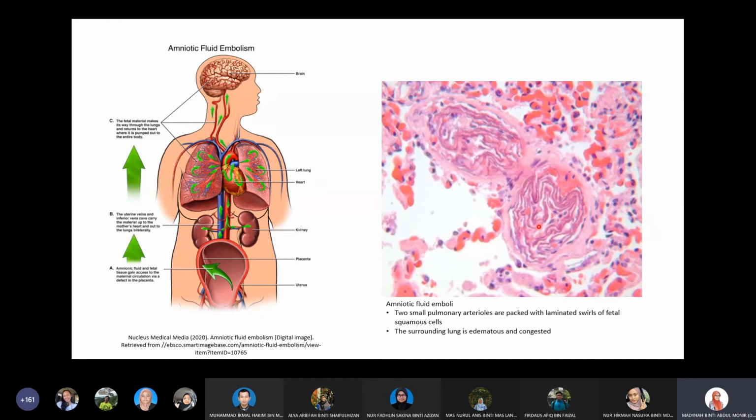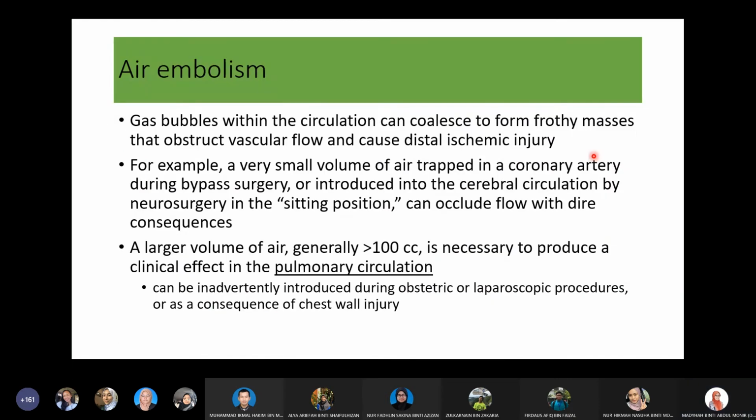This is squamous cells, the skin of the fetus. And maybe you have not seen lung tissue, you should have air spaces. But here you can see it is congested with red cells. In lung tissue, you should have empty spaces because lung should have air. But here it is edematous and congested with red blood cells. Alright, that is amniotic fluid embolism.